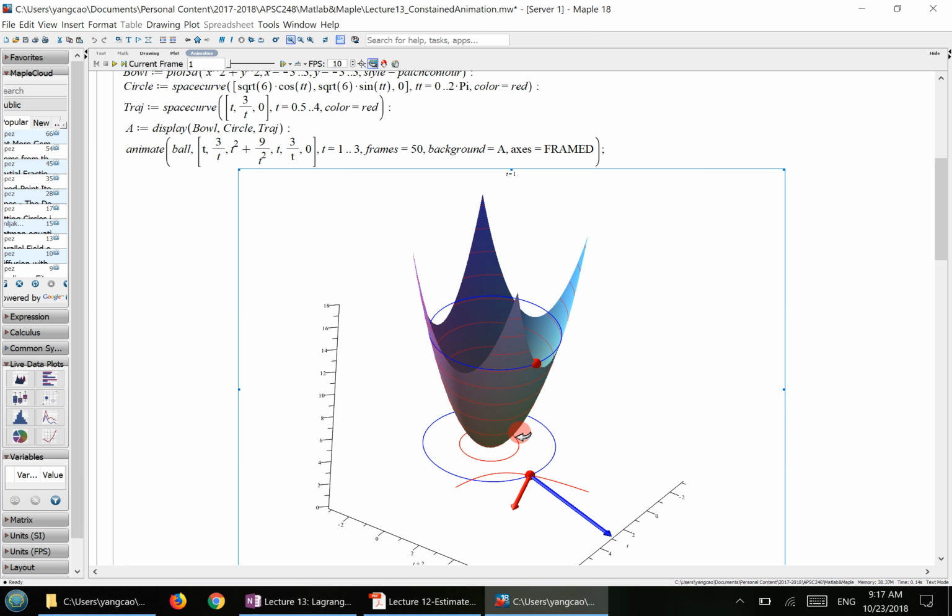If I manually move it along here, as you can see, I didn't draw the frame, but you can literally see the dot on the top moving along the surface. It's going to trace out a curve along the surface. Can you tell me at which location is the local minimum?